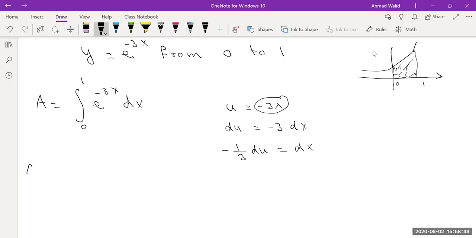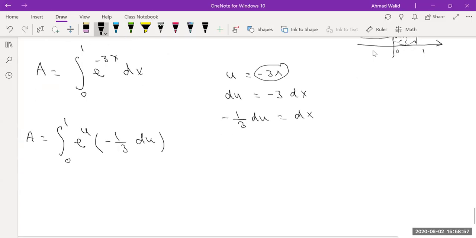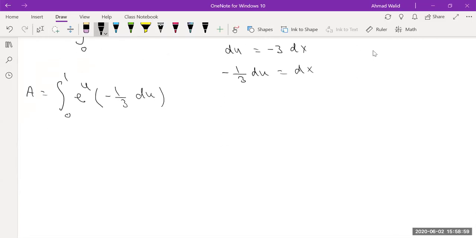Then you can write A equals the integral from 0 to 1 of e to the u, and instead of dx, you can write negative 1/3 of du. Again, you can move the constant outside. A equals negative 1/3 integral from 0 to 1 of e to the u du.